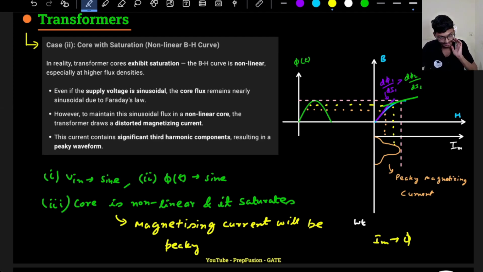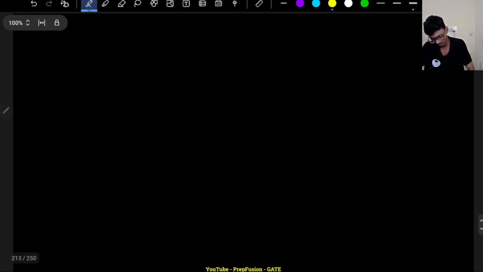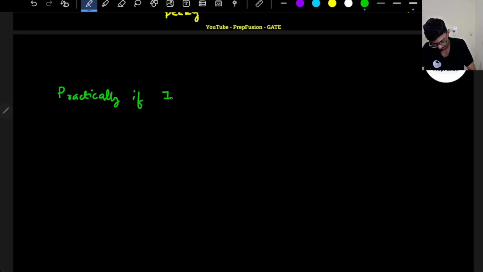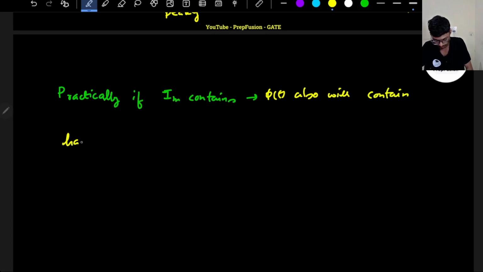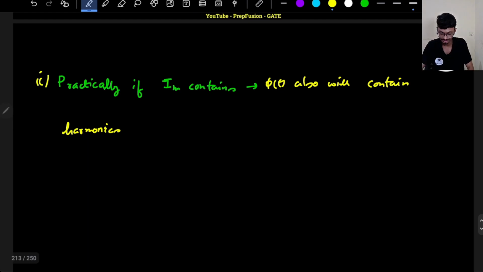Actually, what happens in reality, practically, if the magnetizing current Im contains harmonics, then of course phi m also will contain harmonics. Phi of t also will contain harmonics.